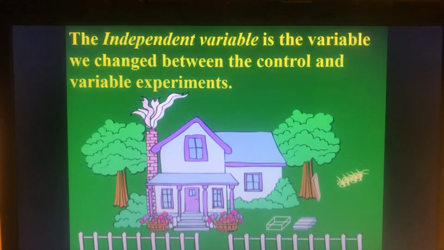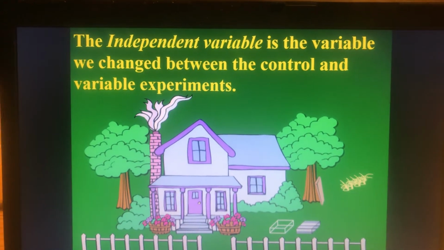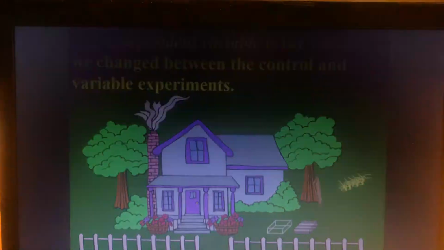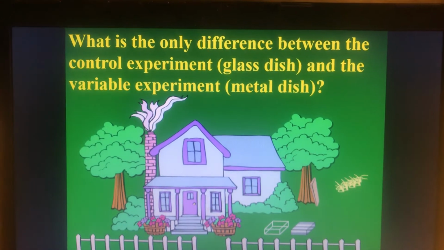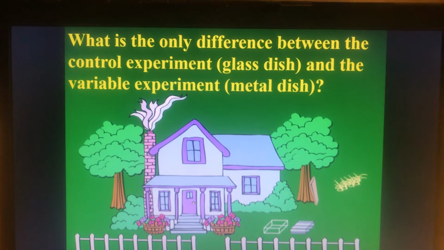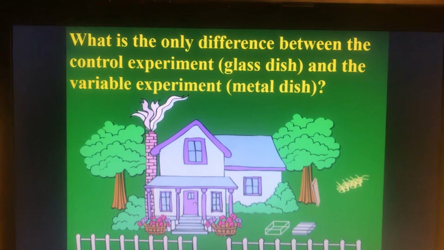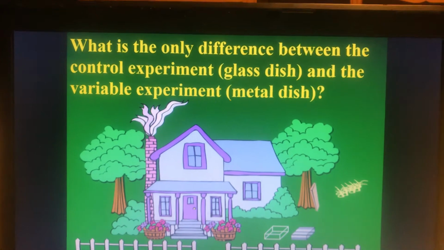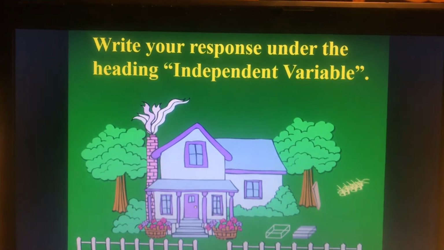The independent variable is the variable we change between the control and the variable experiments. What is the only difference between the control experiment and the variable experiment? That's the metal dish.